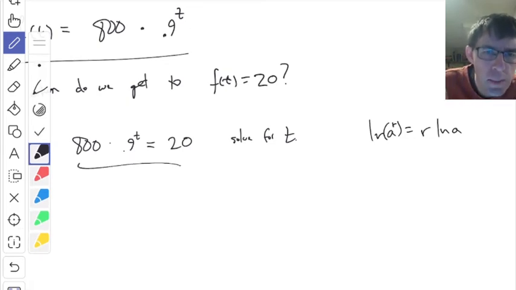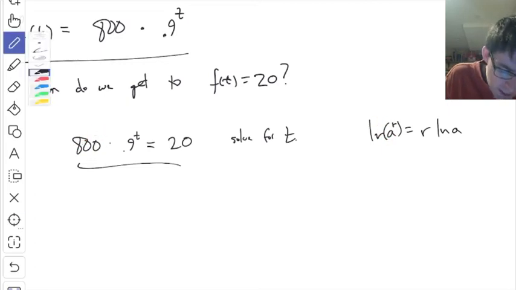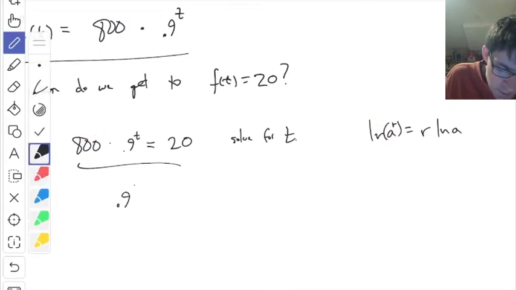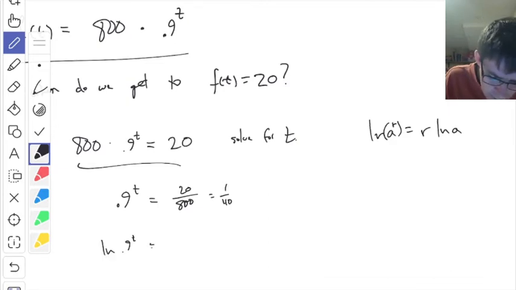But actually, I'm not going to do it immediately. When I take the log, it needs to be just the log of the part with the exponent. This 800 I don't want over there, so I'm going to divide by the 800 first. So 0.9 to the power t equals 20 over 800, right? Which I guess is 1 over 40 if you like. It doesn't really matter. But now I can take the log on both sides. So I go ln 0.9 to the power t equals ln of 1 over 40. Move the exponent down to the front.